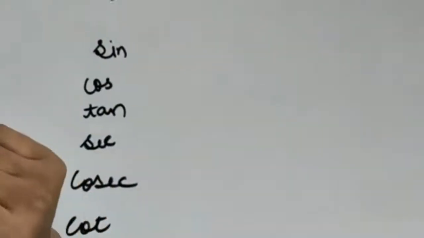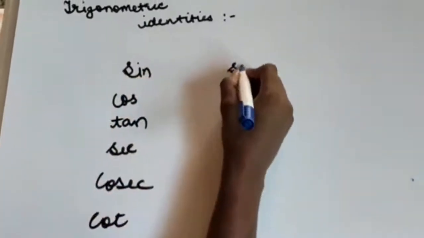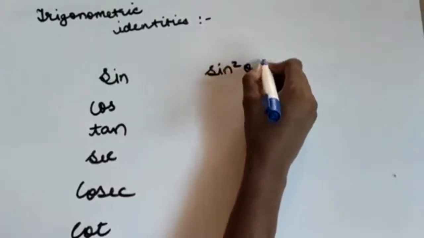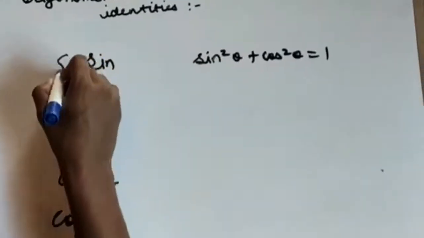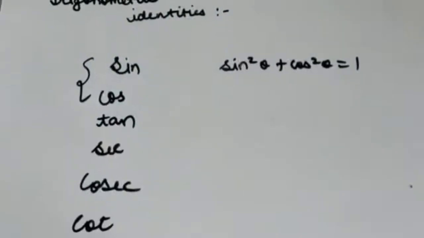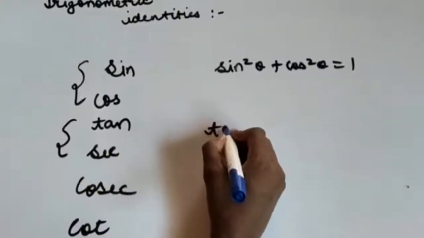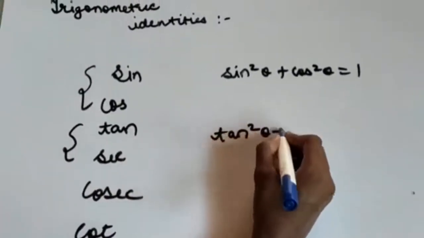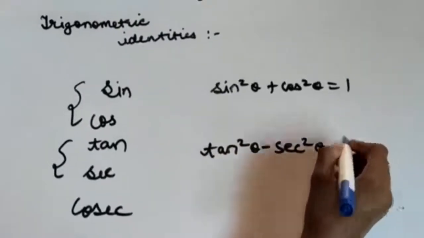So first identity, which is sin square theta plus cos square theta is equal to 1. For the first identity we have to use the first two trigonometric ratios. For the next identity we have to use the next two trigonometric ratios, that is tan square theta minus sec square theta is equal to 1.